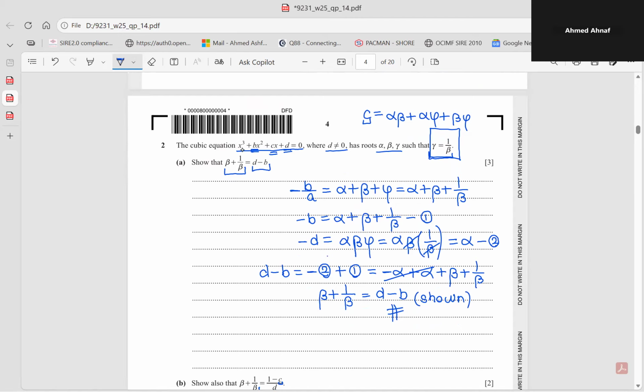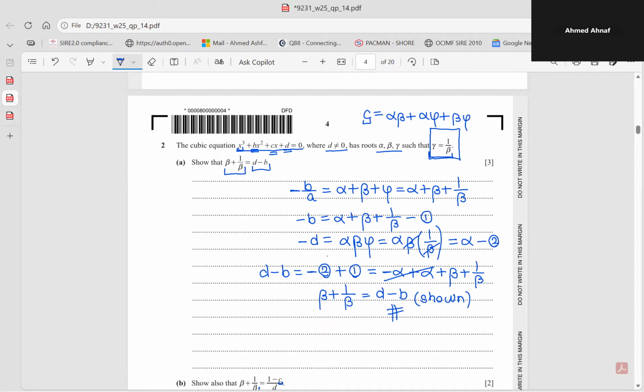So a is the coefficient of the term whose power is equal to the degree. Since it's a cubic equation, that term is the x cubed term, so the coefficient of that is a. And c is the coefficient of the linear term in the cubic equation.